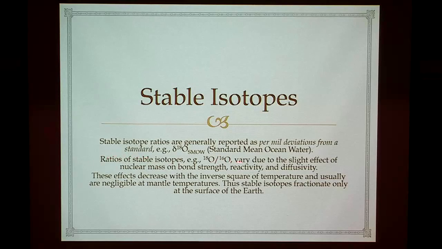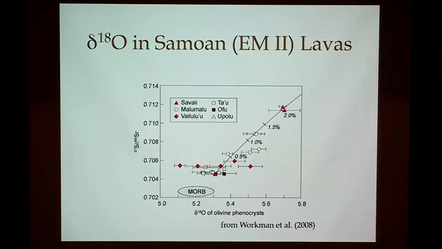The ratios vary due to slight effects of nuclear mass on bond strength, reactivity, and diffusivity, and these effects decrease with the inverse square of temperature, and consequently, they're usually negligible at mantle temperatures. And so stable isotopes, at least the ones I'm going to be looking at, we can consider them to fractionate, or those ratios that change, only at the surface of the Earth.